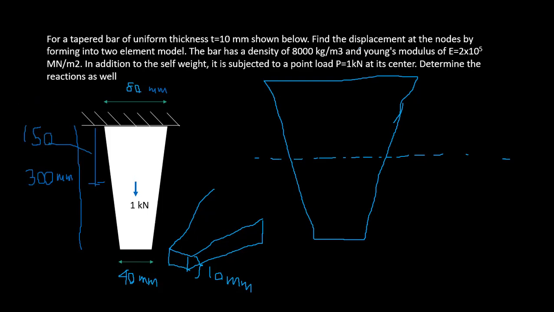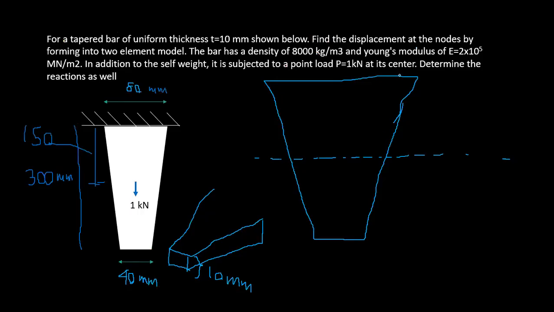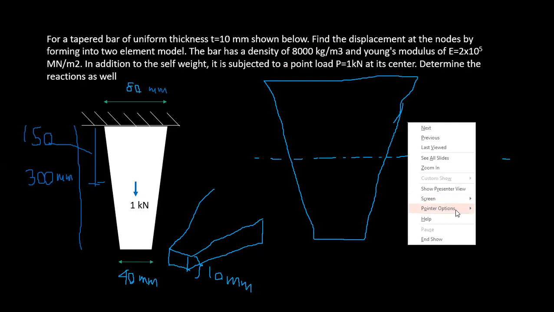People found it difficult how to use this, right? You have a stiffness matrix for a uniform cross-section bar element. So that means you have to find a uniform bar in these two elements.